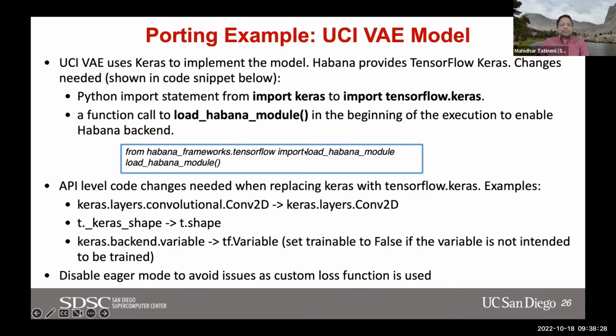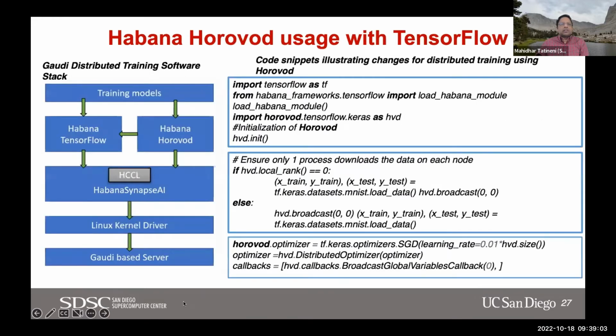Basically that initializes all the things you need for the Gaudi. And in this case, since the code was set up with the APIs based on the external Keras, we had to just replace that with the corresponding TensorFlow Keras API calls, which wasn't a big change. And they had a custom loss function, so we had to disable the eager mode in this case. But with these changes, the code ran pretty well on the system.